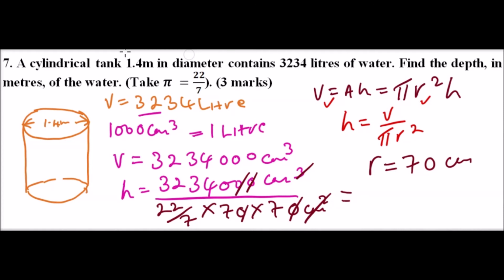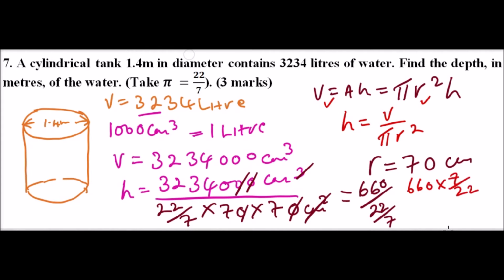When you divide 32340 by 49, you get 660, because we are dividing by 22/7, we multiply by 7/22.